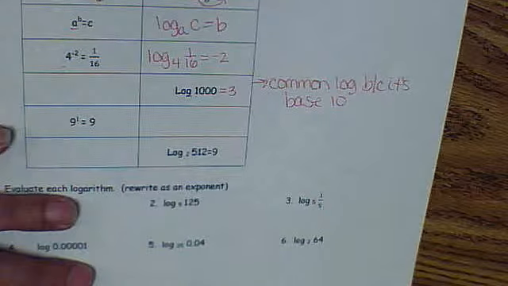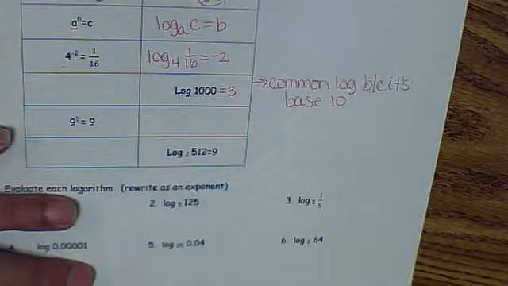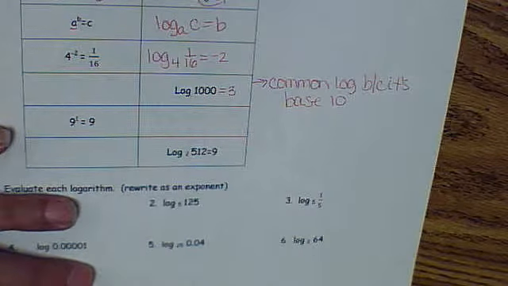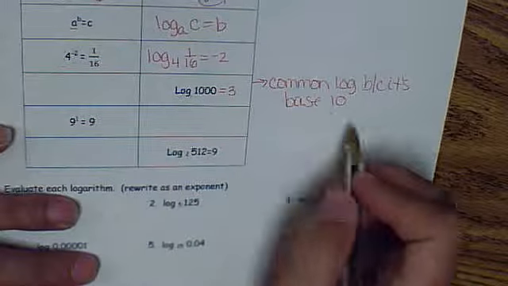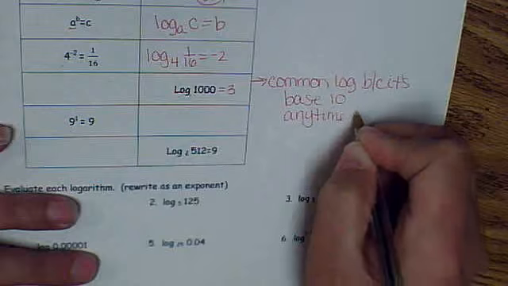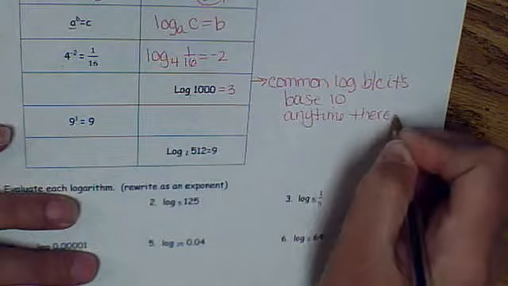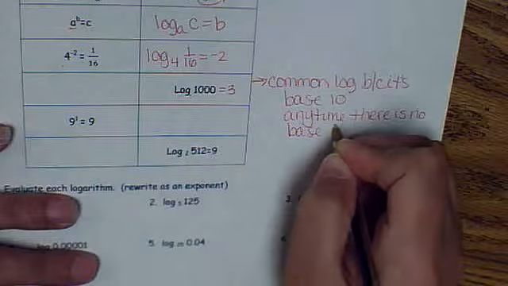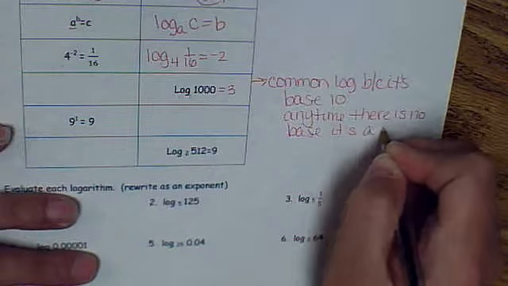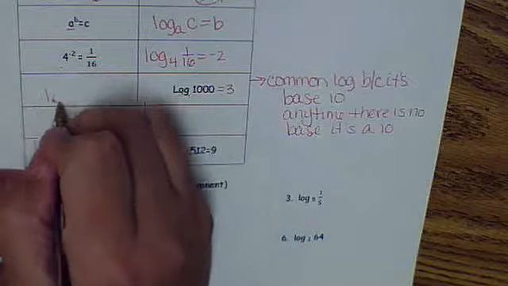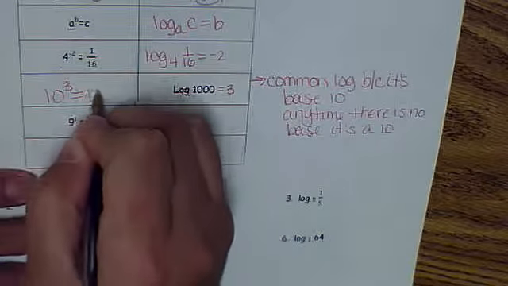It's unwritten. So log 1000 equals 3 means log base 10 of 1000 equals 3. Anytime there's no base, it's a 10. As an exponent, that means 10 to the third power equals 1,000.